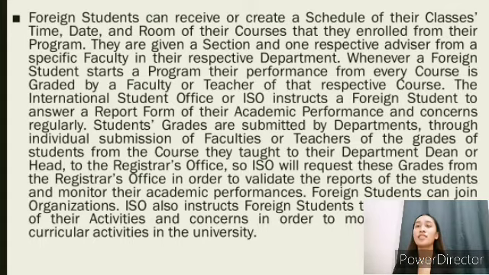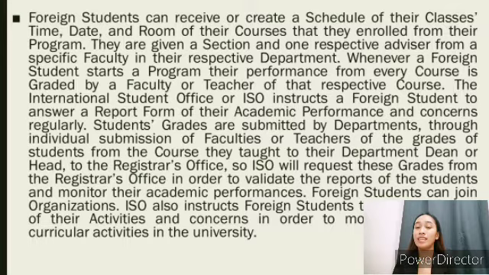Students' grades are submitted by departments through individual submission by faculties or teachers of the grades of students from the course they taught to their department dean or head. And then it will be passed to the registrar's office, and so ISO will request these grades directly from the registrar's office.